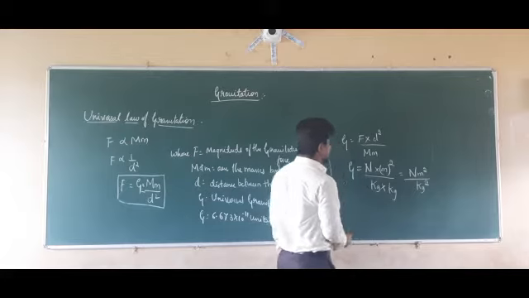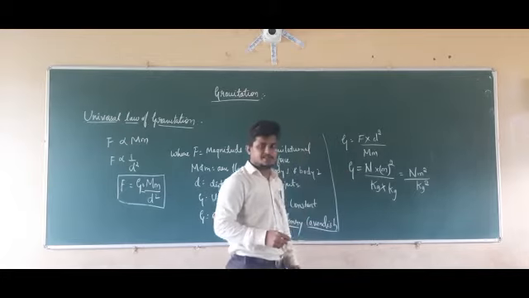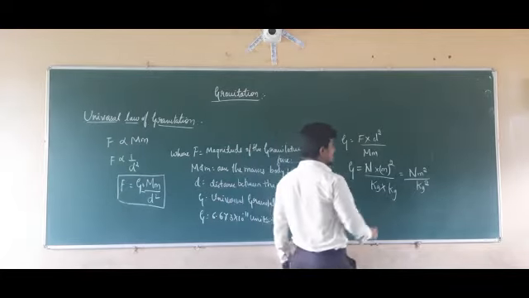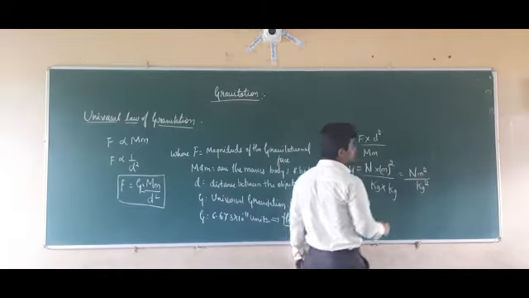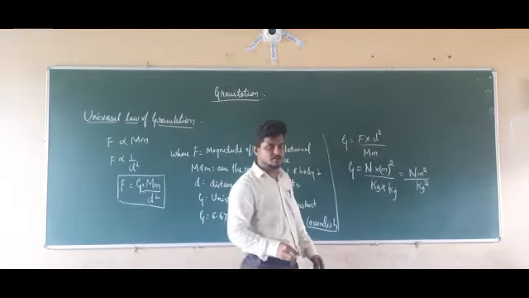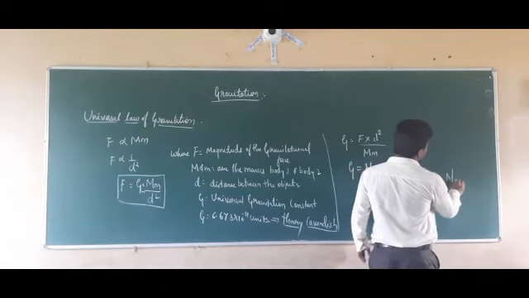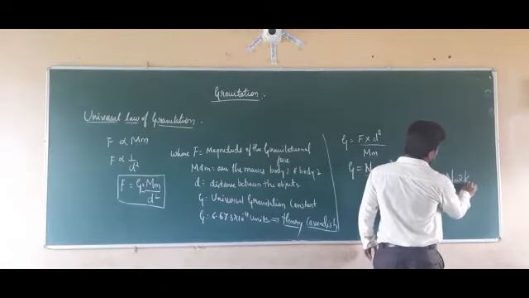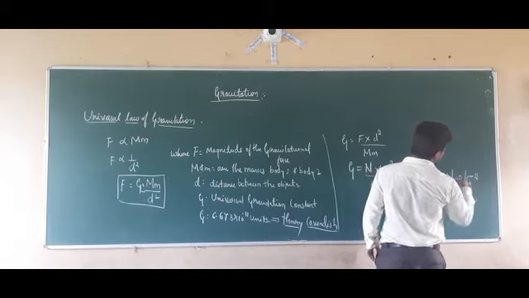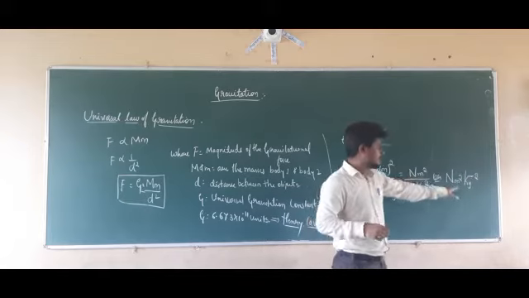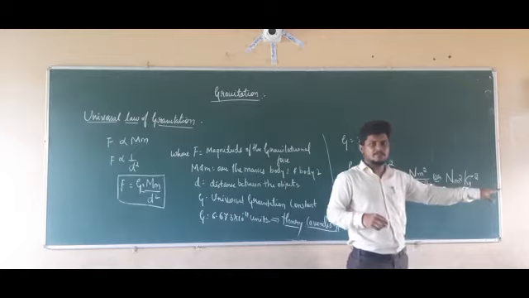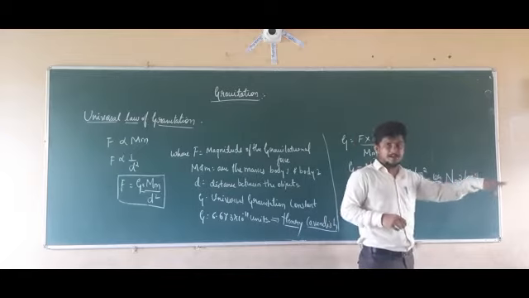So the SI unit of the universal gravitation constant is Newton meter square per kg square, or you can write it as Newton meter square kg to the power minus 2, where the minus denotes division, per.